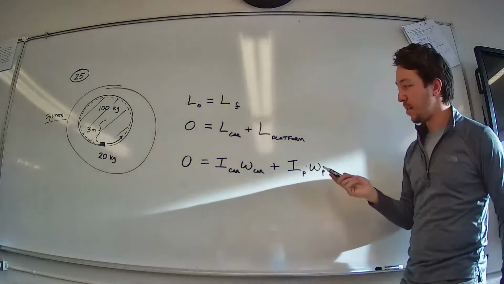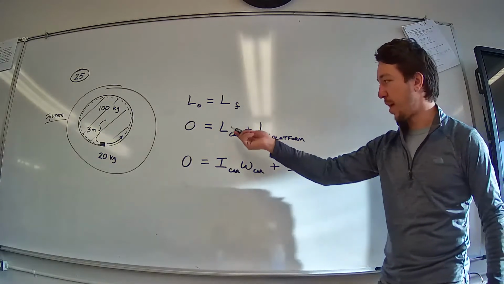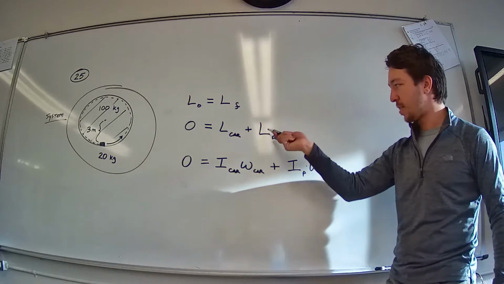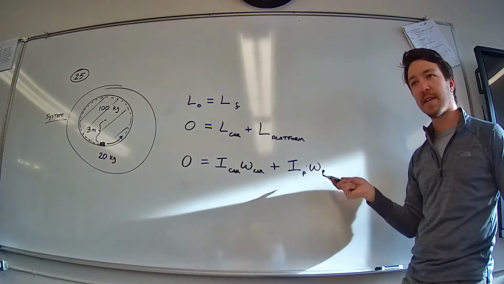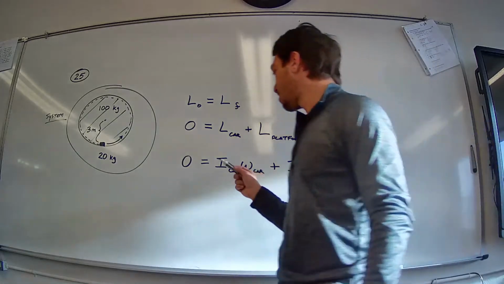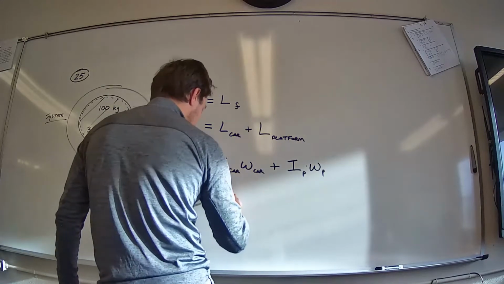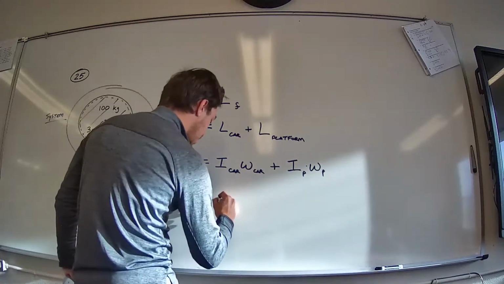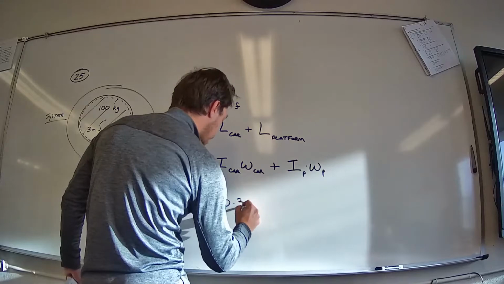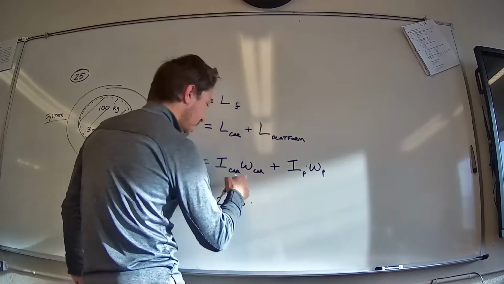It's a little overkill maybe, but L is I omega. His L is his I times his omega. So the I value for a point mass is mass times radius squared.